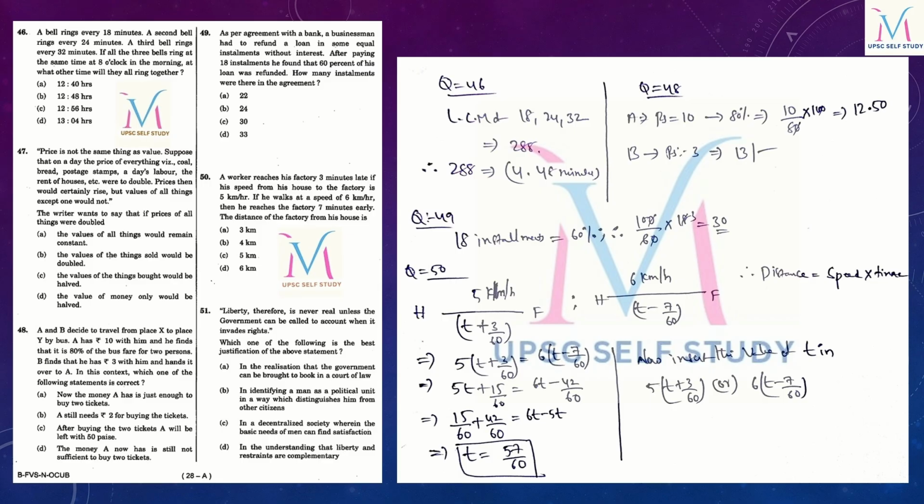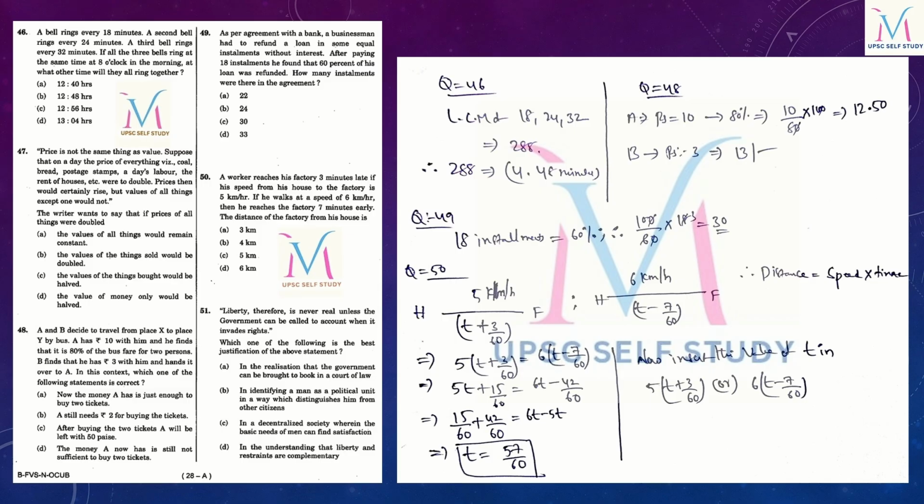This can be written as 4 hours 48 minutes. Here we have done the LCM for minutes, so the solution is 288 minutes. We have to turn these minutes into hours. If we turn 288 minutes into hours, we get 4 hours 48 minutes.